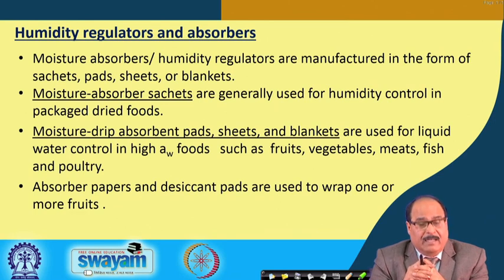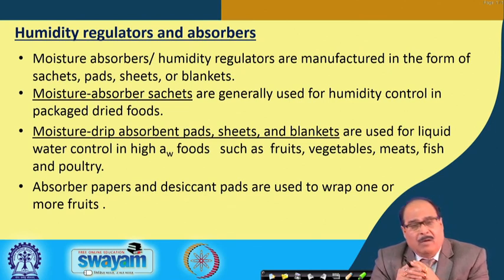Humidity regulators and absorbers are other very important aspects to prevent condensation. So, moisture absorbers or humidity regulators are accordingly manufactured either in the form of sachets, pads, sheets or blankets.